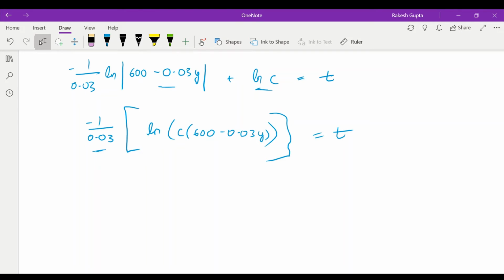Now I solve further. I take this 0.03 to the other side, so I basically just rearrange. Now I'm going to remove the ln.